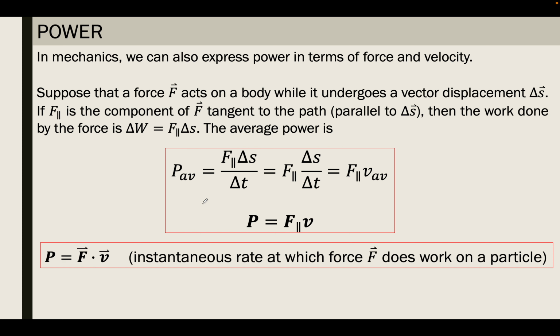Okay, so in mechanics, we can also express power in terms of force and velocity, not only in terms of work and time.